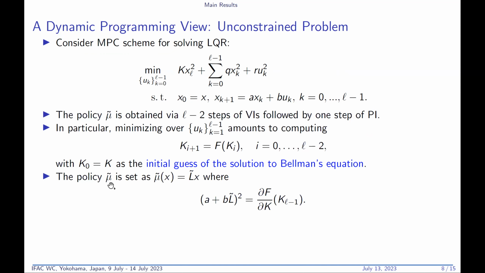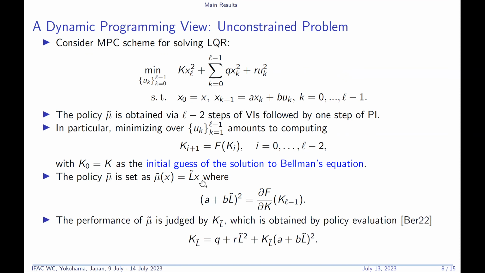Then the policy mu tilde defined by the MPC, which is applied to the system, is the linear feedback L tilde, where L tilde fulfills that the closed loop system is the tangent of the Riccati equation evaluated at the end of the value iteration step.